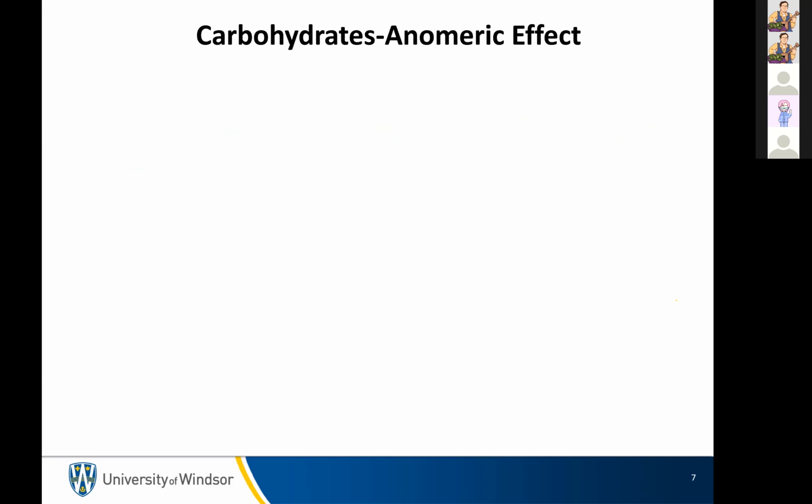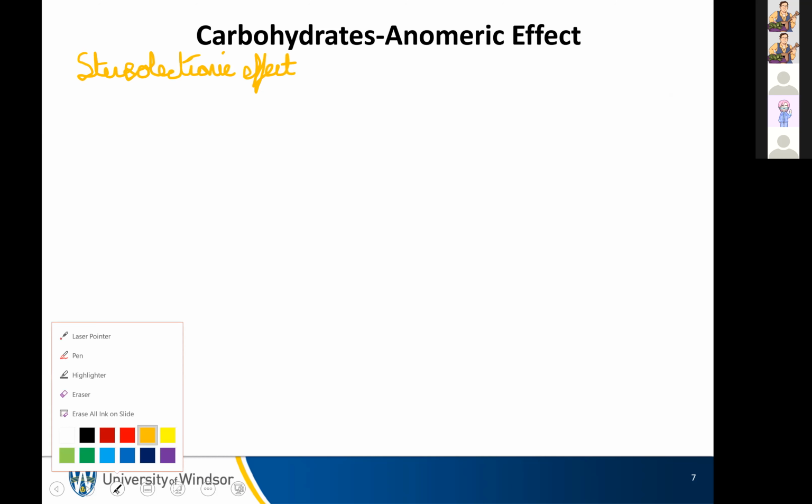The third thing, and the one I really believe in, is the stereoelectronic effect. So how many of you have heard the term stereoelectronic before?